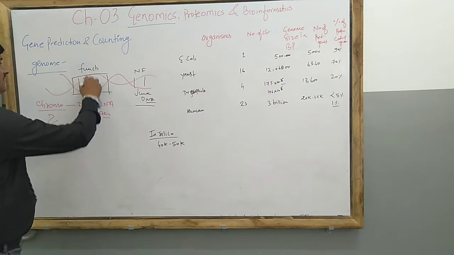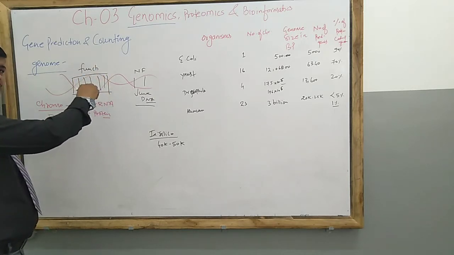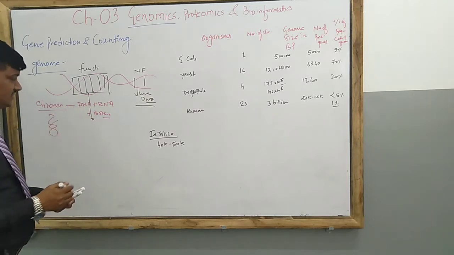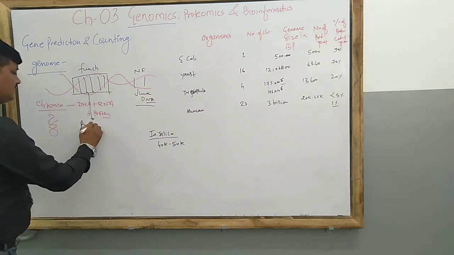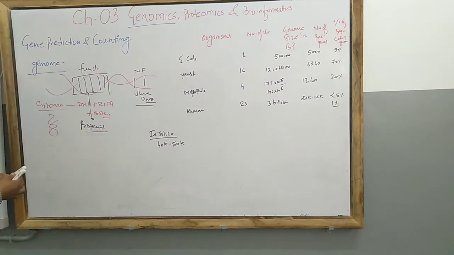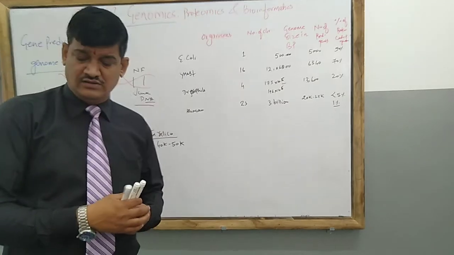This region of the DNA is the coding region, and it undergoes the process of transcription and translation and then makes the proteins. So this is the meaning of genomics and the genome.